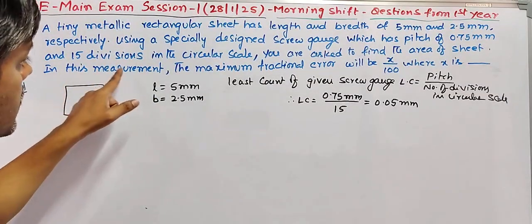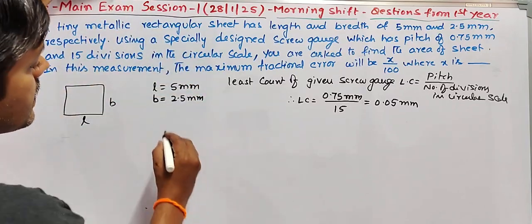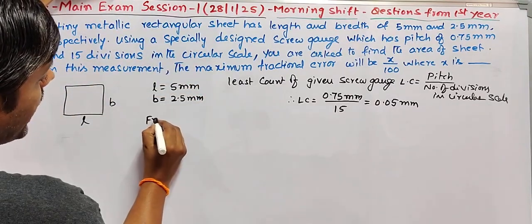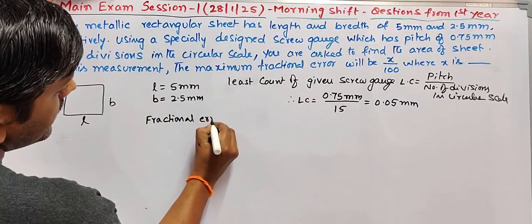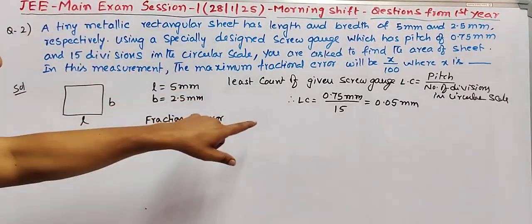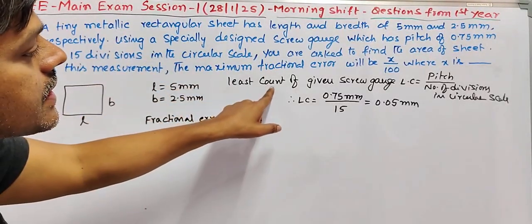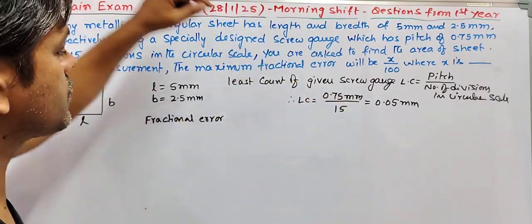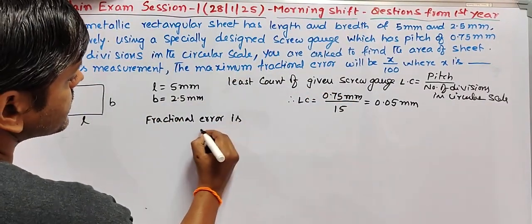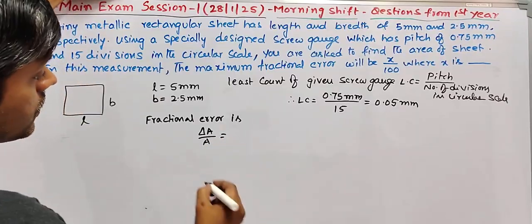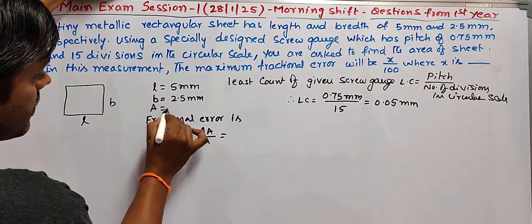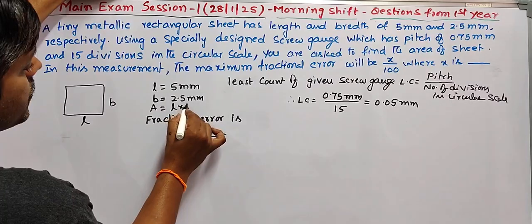In this measurement, the maximum fractional error occurred while calculating its area using this screw gauge of least count 0.05 mm. Fractional error is delta A by A. You know the area of this sheet is length into breadth.